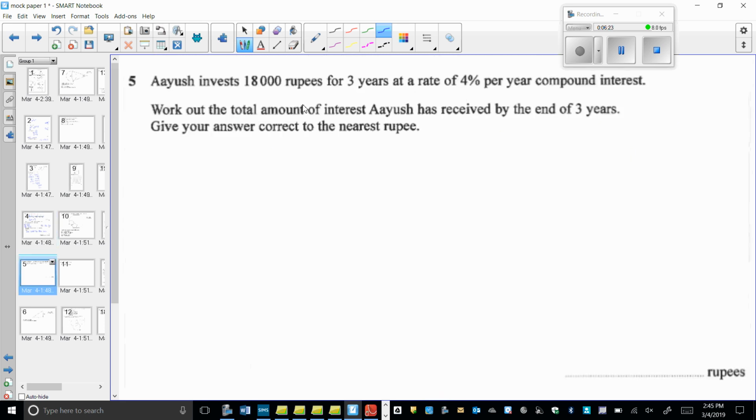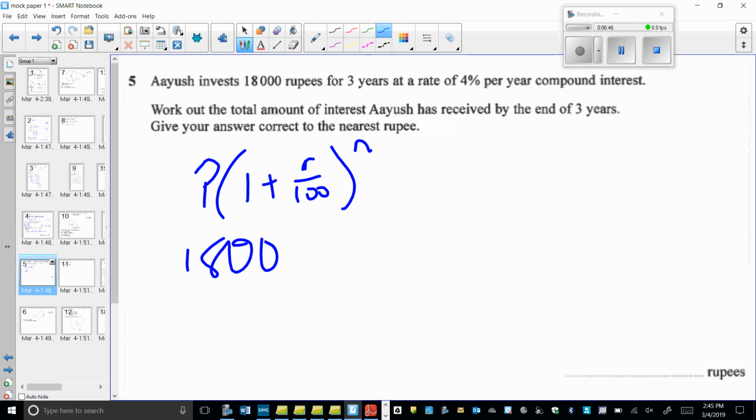Okay, Ayesh invests 18,000 rupees at a rate of 4% compound interest. So the compound interest formula. Oh, I can't remember the letters we use. P, is it P? 1 plus r over 100 to the power n. So we've got 18,000 multiplied by 1.04 to the power 3 because it's 4% for 3 years.